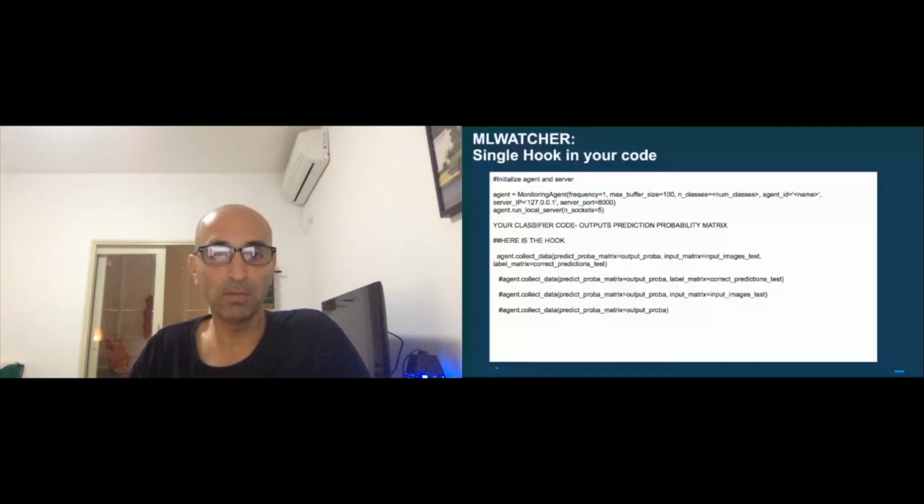This is Python code, so it's really one line of code. You put the hook inside, you wrap the agent around your predicted probability if it's a classifier, or the predicted output if it's a regression, and it starts creating those metrics for you and storing them into CSV, and those could be uploaded to any system that supports visualization.